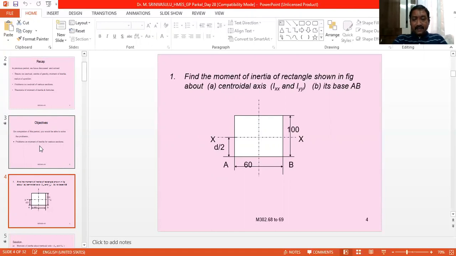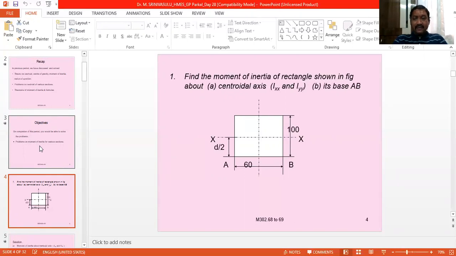Now take down this figure. A rectangle is given with a base of 60 millimeters and height of 100 millimeters. Here the XX and YY are the central axes shown in the figure.